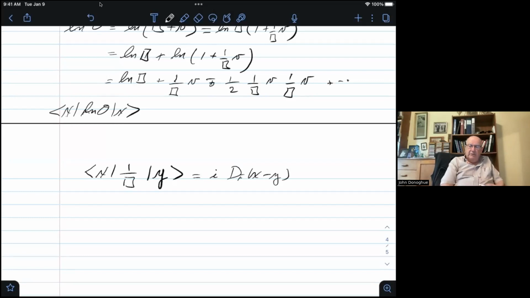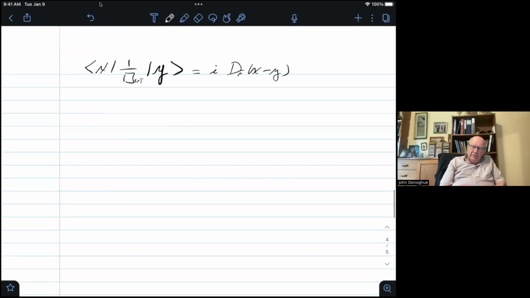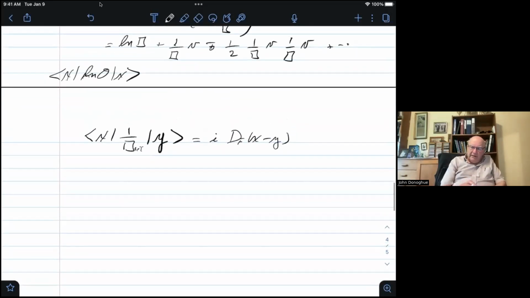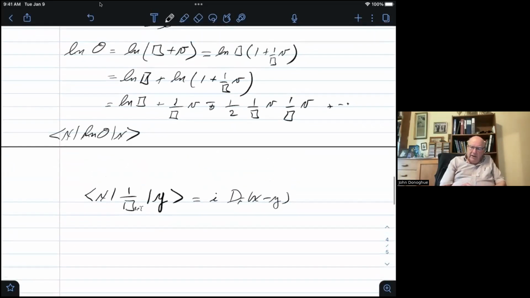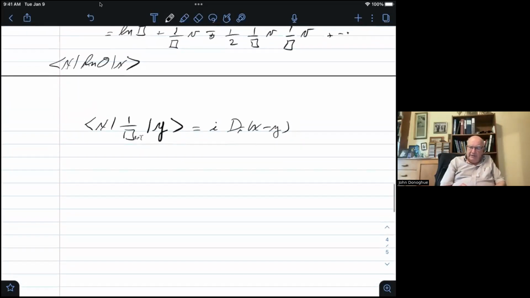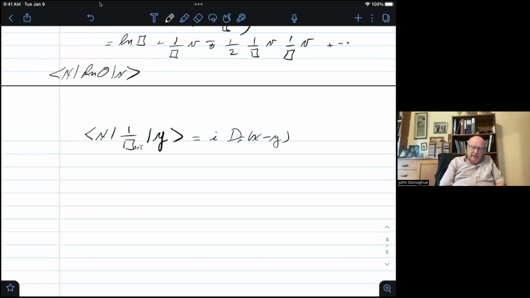At least that's how we will interpret it here. To make it the Feynman propagator you need to add a little i epsilon, but let's not worry about i epsilons here. Then the terms that I have here are going to look like Feynman diagrams, because I've got interactions and propagators between them.